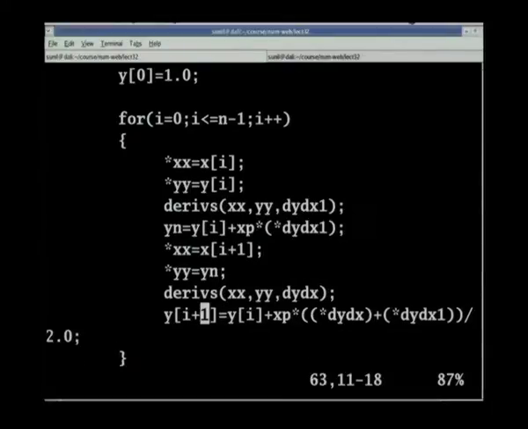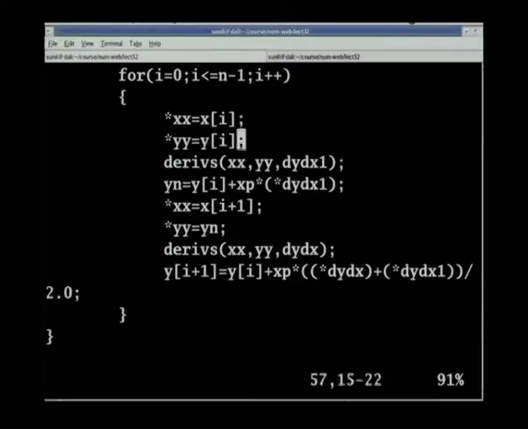Now I compute my y next as y I plus h times the two derivatives: one evaluated at x and y n, and the other evaluated at x I plus 1 and y n plus h times the derivative at x and y n. And I divide that by 2; that is the function value.